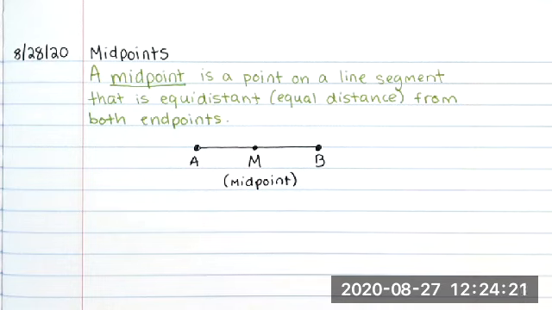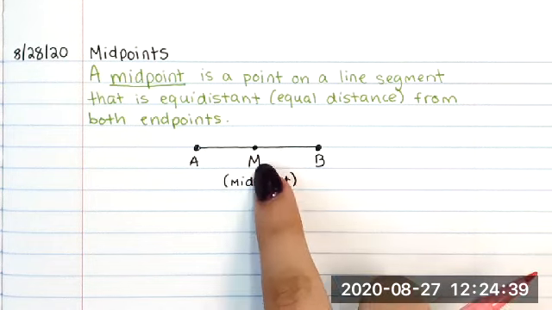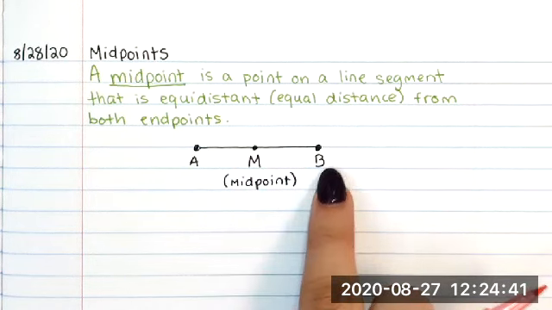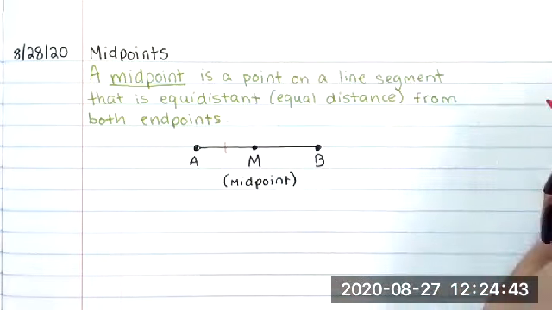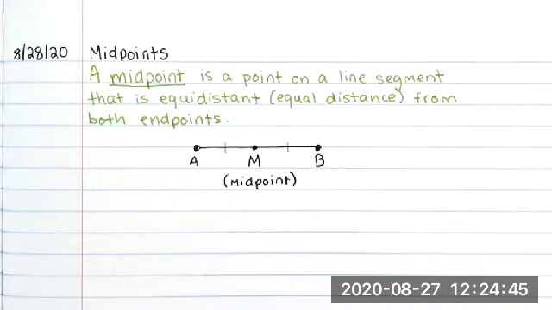Now, a few days ago when we talked about angles, I introduced you guys to congruency marks, which are a way for us to show that two angles are equal just by looking at them. And we would put one arc on each. Well, there's actually a way to do the same with line segments. If I want to immediately know that M is cutting these two into two equal parts, that means that AM and MB are the same length. They're congruent.